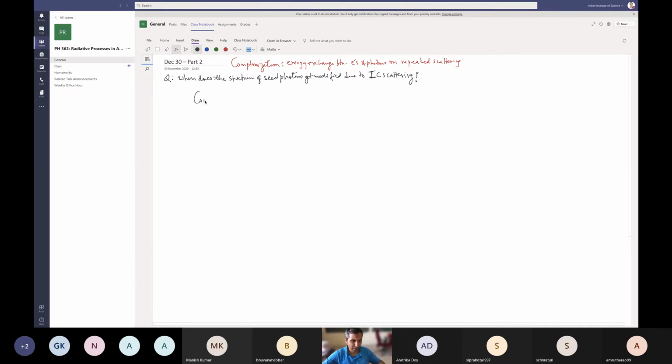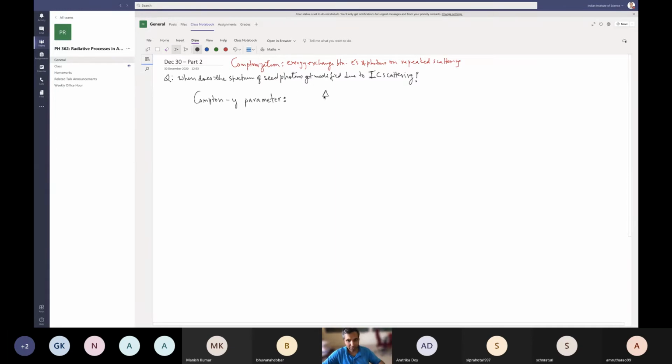So let me define the Compton-y parameter. What is the Compton-y parameter? Basically, it is a quantitative way to answer this question: when is it that the spectrum of the photons gets modified due to scattering? Okay, and it actually is composed of two parts.